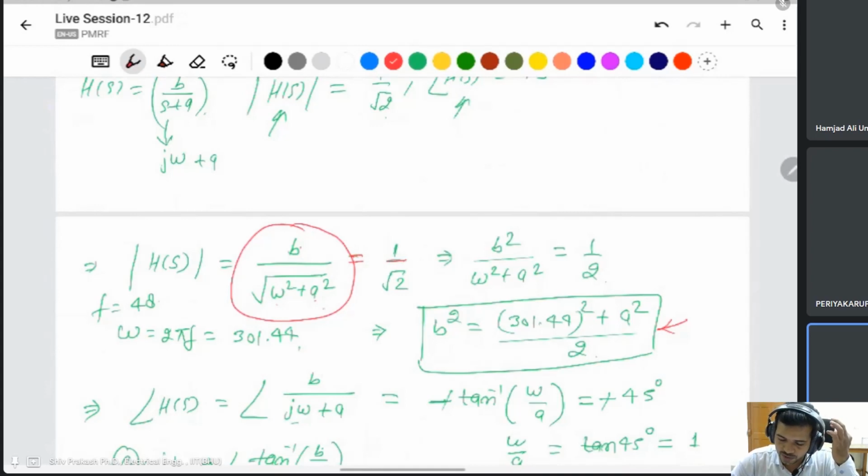The magnitude of this one is 1 by root 2 only when the B, A and omega values are the same. If your value is different, then this will be a different value, not 1 by root 2. Then if you want to operate at any frequency, then put the value of omega as A, B also. Put the value of A, B the same as the omega value. Then you will get 1 by root 2 and phase shifting of 45 degree.